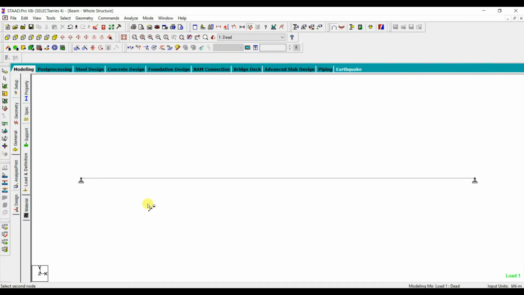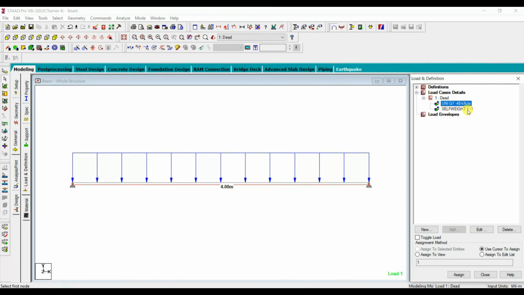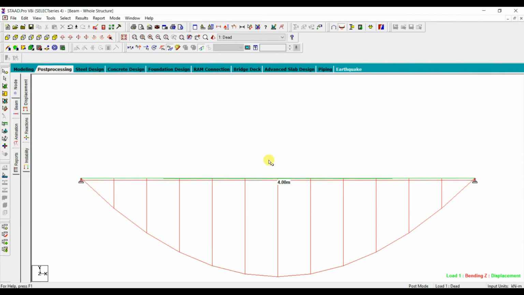I have analyzed the same beam for the given load. The span of the beam is 4 meter, and then let's check the load, 48 kilonewton per meter, and apart from that I have added the self weight. So let's see the result. Post processing mode.